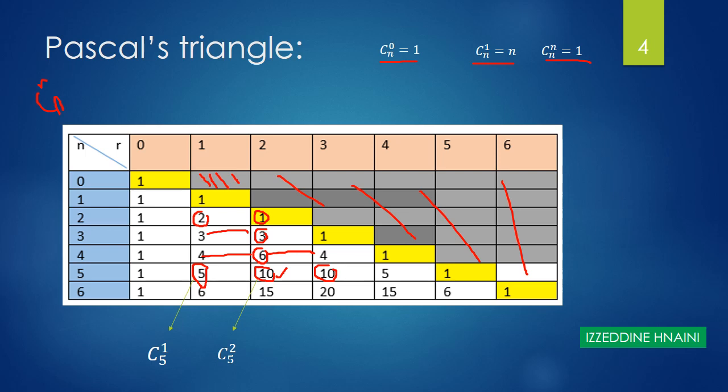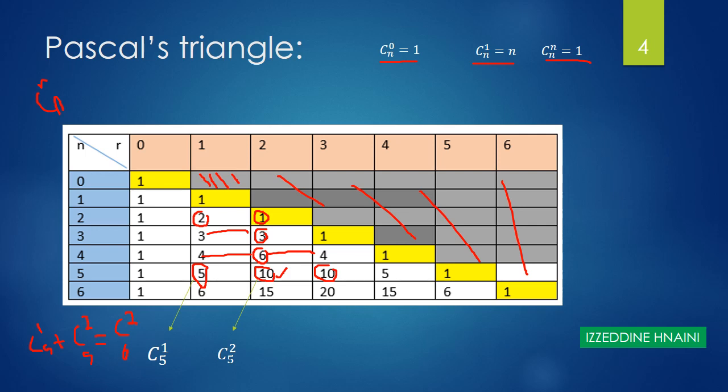According to Pascal, if we add C(5,1) plus C(5,2), the answer is C(6,2).